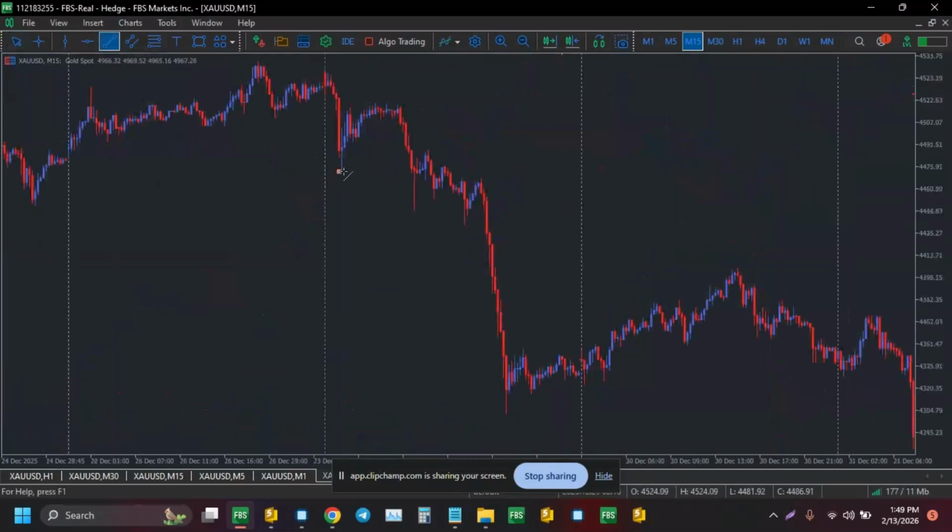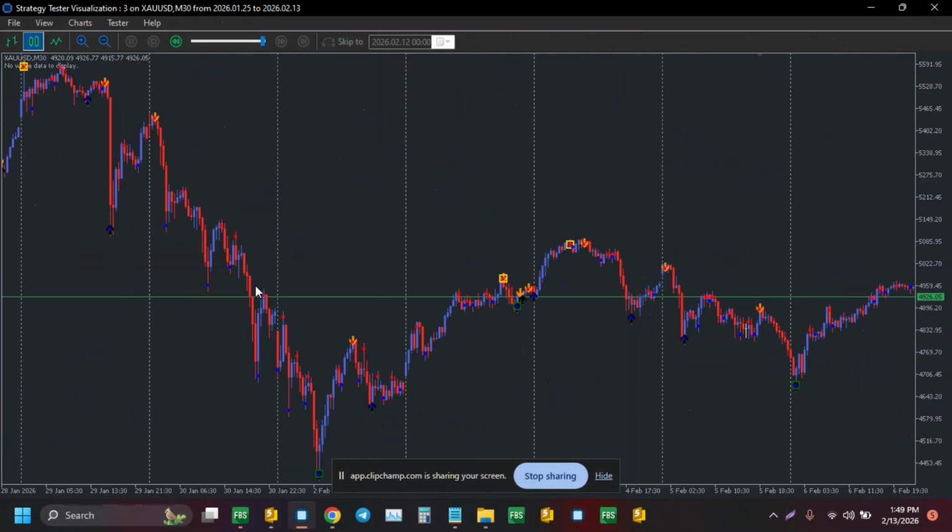Can you see? In fact, you can simply place pending orders once price breaks it because you know price is coming back. So let's come back to the current price action on gold.